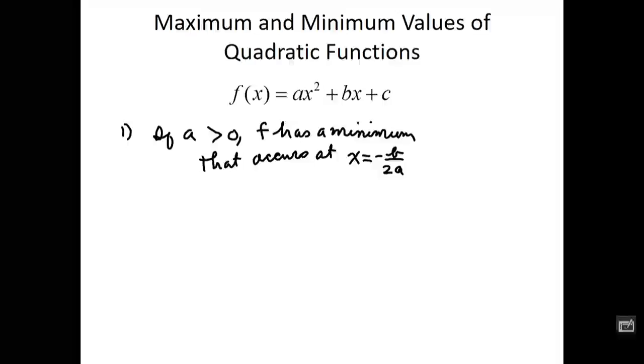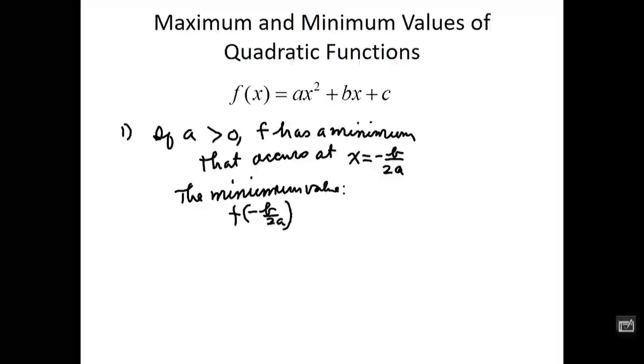So this is the location, but the actual minimum value is f of minus b over 2a.